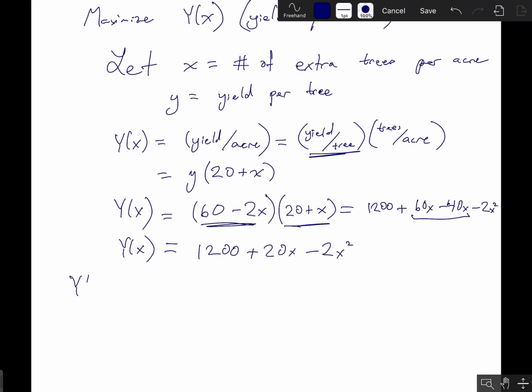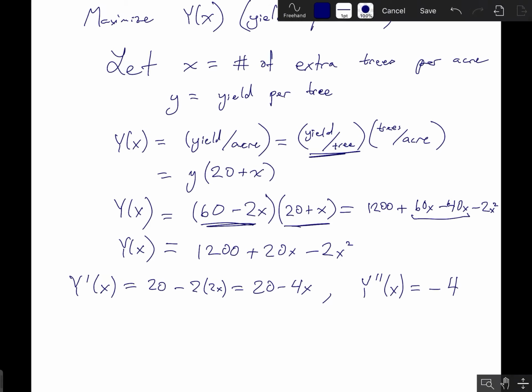Now that we've found the function that we want to maximize, we can take a derivative to start applying the first derivative test. So y prime is going to be 20 minus 2 times 2x, which is 20 minus 4x. We can also compute y double prime at this stage.